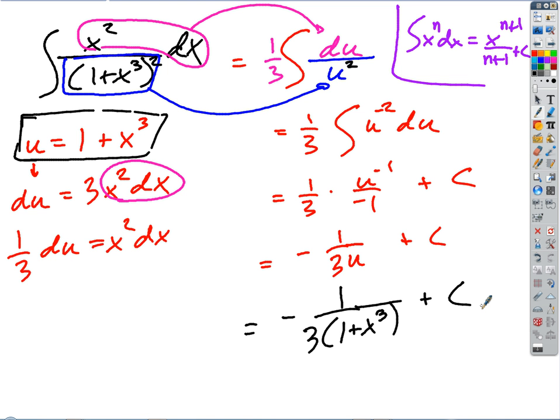We want to pick this 1 plus x cubed because that's the relatively complicated expression inside the x squared. That's the internal part of that composition, right? The argument of the power function is the 1 plus x cubed, right? So that's a pretty good guess for our u substitution.